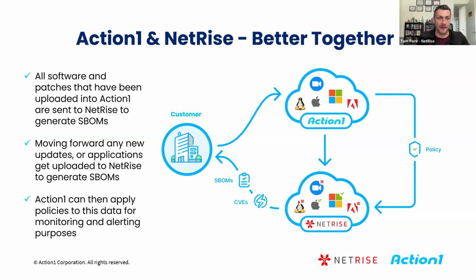We would generate SBOMs, do all the analysis, and then return that data back to Action1 for additional enrichment, visibility, risk identification, and then subsequently provide the capability to build policy around this net new set of data that we generated and are able to provide back to Action1.